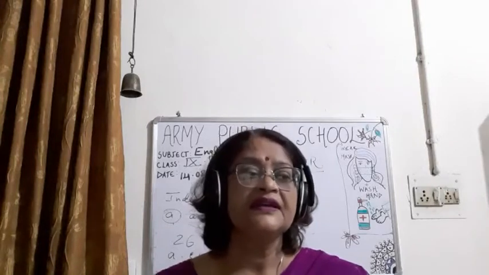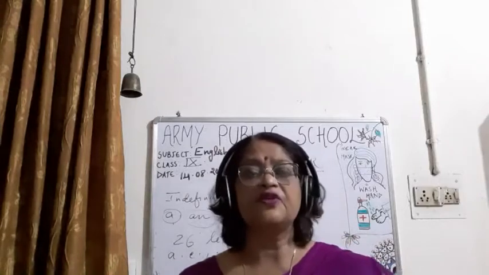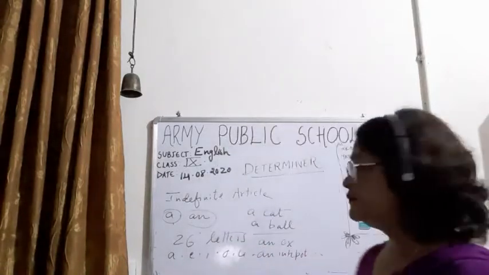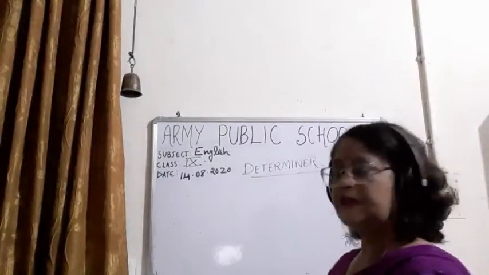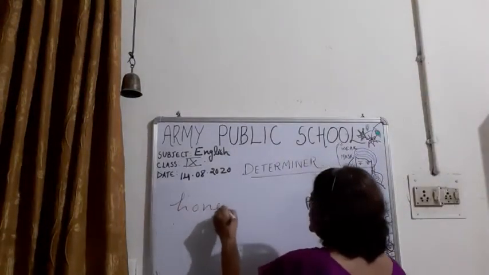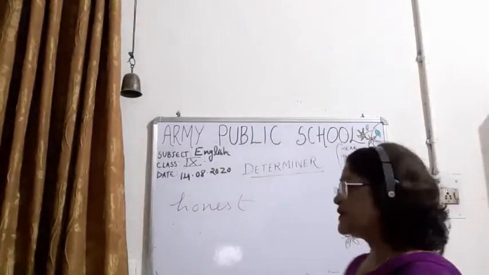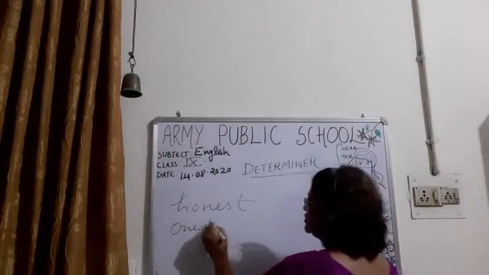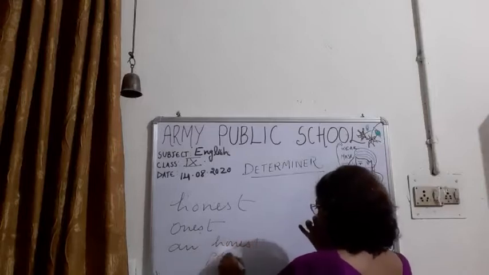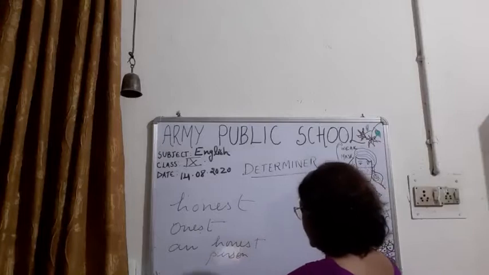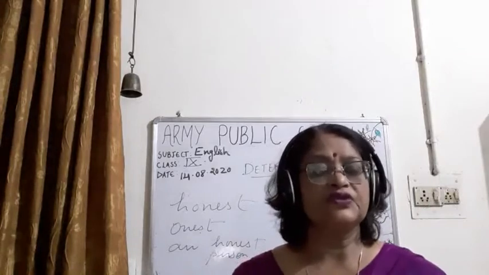I mean to say children, while pronouncing, we have to see which sound is coming in the pronunciation. Honest is there, though it starts with a consonant letter, but the pronunciation here is onest. So children, we say an honest person.